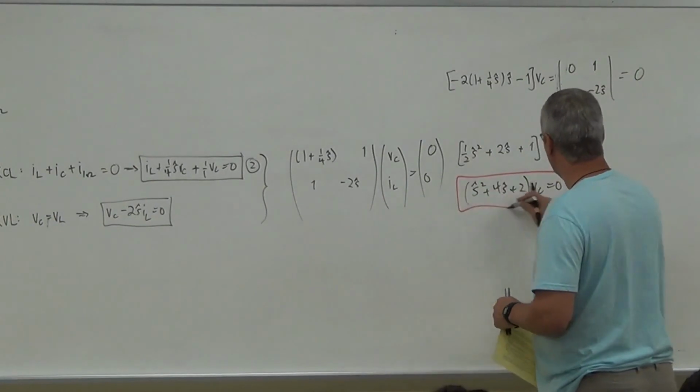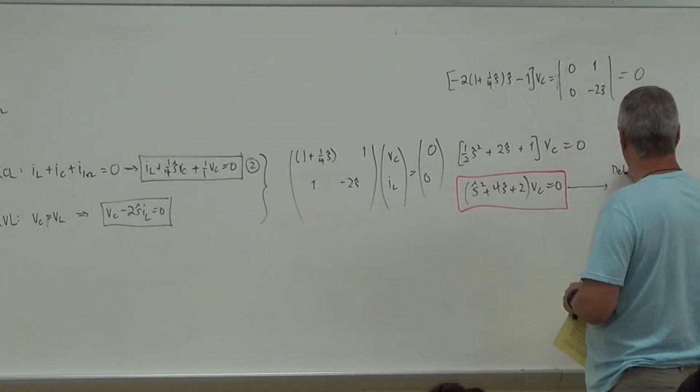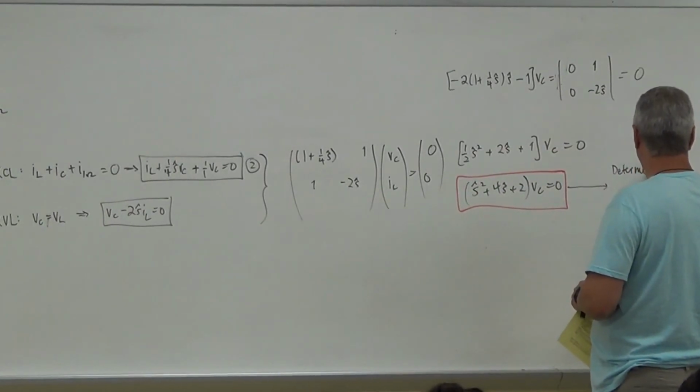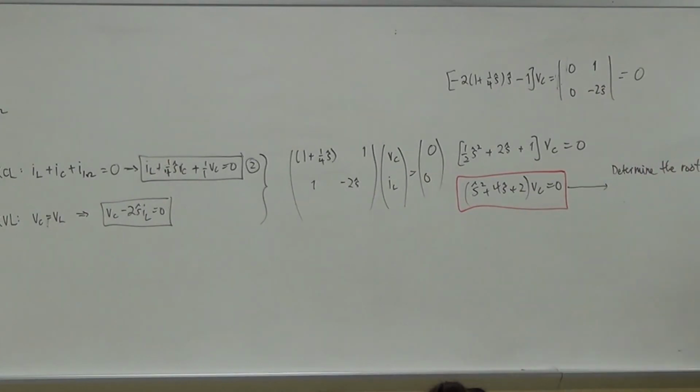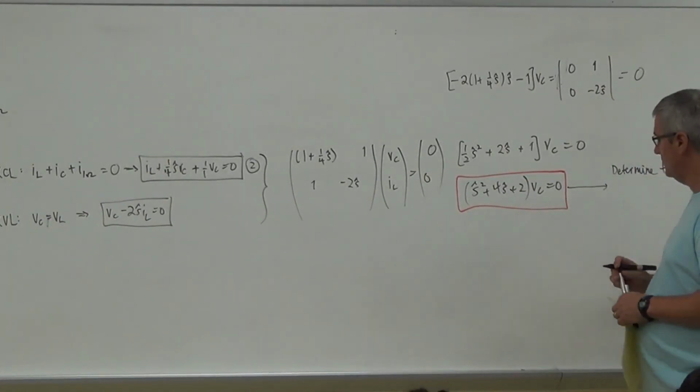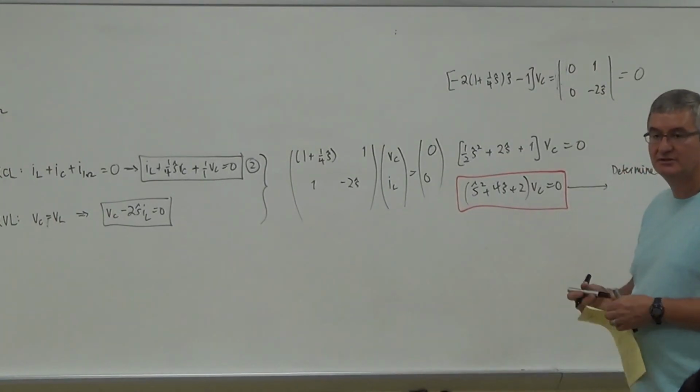Now that I have my equation, what do I do? Determine the roots. So let's go determine the roots. When I look at these roots, let's do it the other way just to be careful.